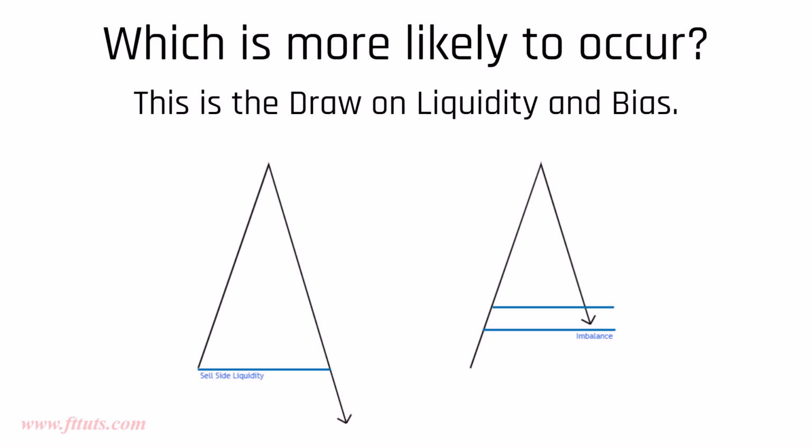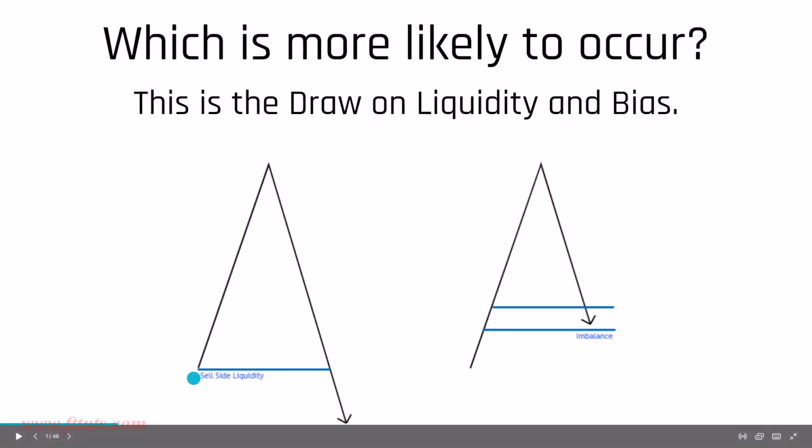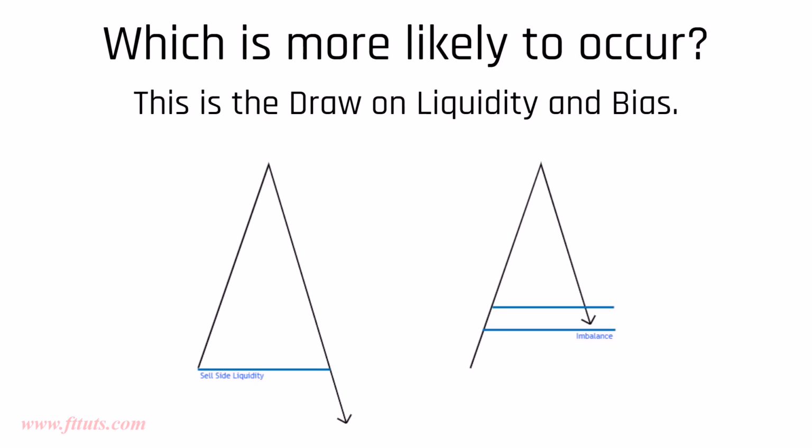If, let's say, the closest one is this imbalance, well, that's your drawn liquidity. And then let's say the imbalance starts to break, so the imbalance is not holding anymore, then you can aim for the sell side liquidity below the imbalance. So that would be your next objective, your next drawn liquidity.